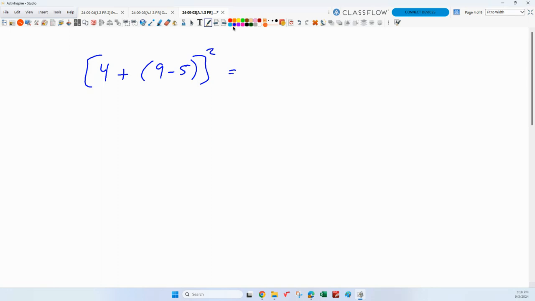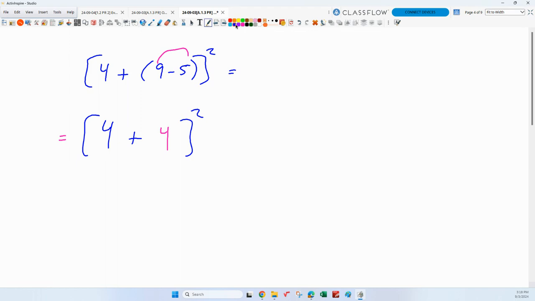Okay, if we have nested grouping symbols inside grouping symbols, we go inside out or outside in? Inside out. We start at the inside ones and work our way out. So step number 1 would be this stuff, right? So we'd get 4 plus 9 minus 5 is 4 squared. Okay, what's next?